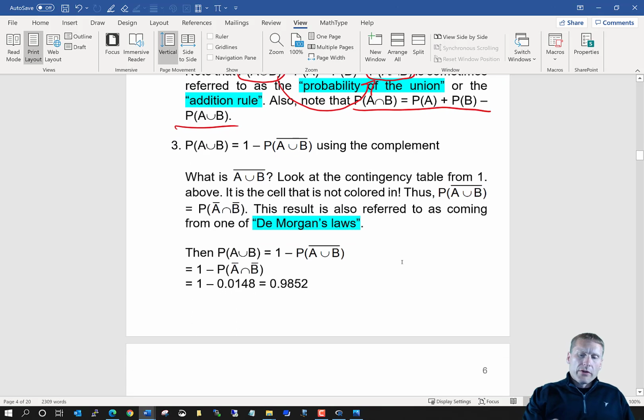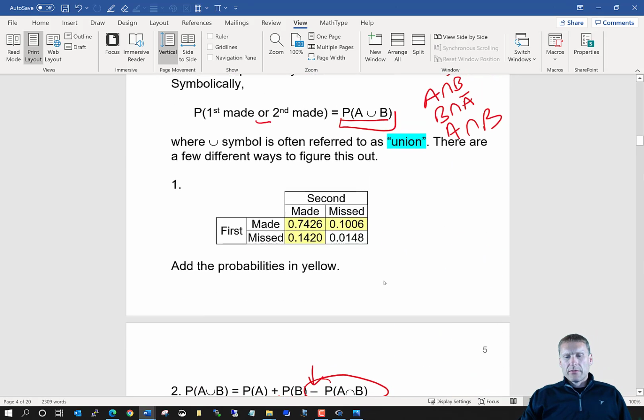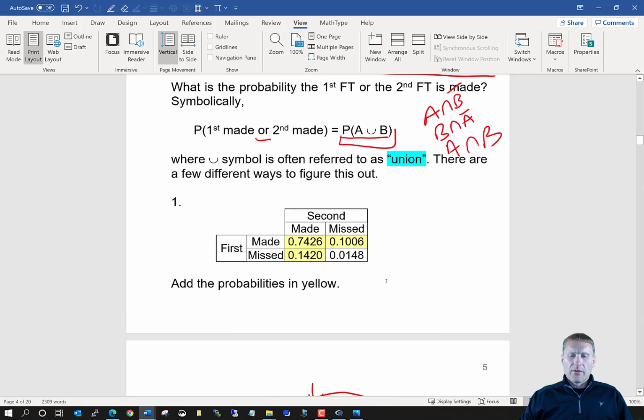Well, here's another way you can find this probability of A union B. Let's go back up to this table here. Now remember, in the body of the table here, all these probabilities will add to 1. And the probability of A union B is what's represented in yellow.